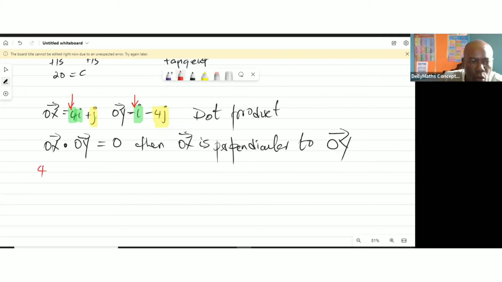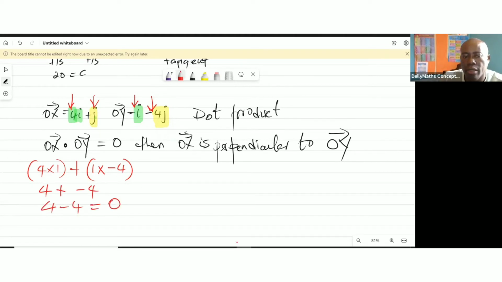I'm having 4 times 1 plus 1 times negative 4. That is 4 plus negative 4, which is 4 minus 4, which is 0. So the dot product was 0, which means we have proven that there is a 90 degree angle between the two vectors, which means they are perpendicular.